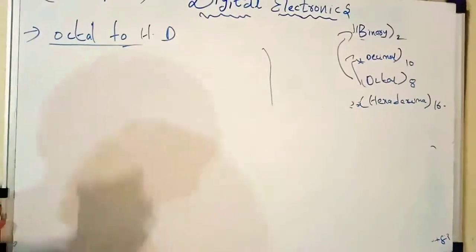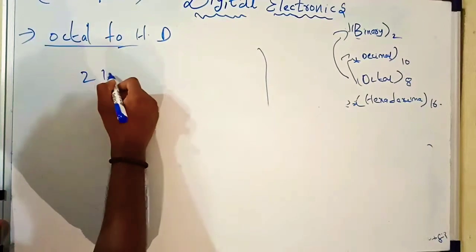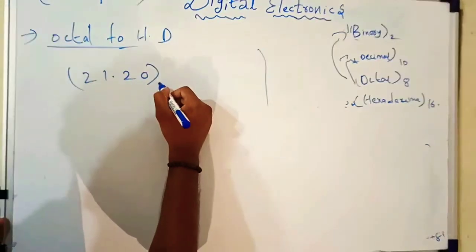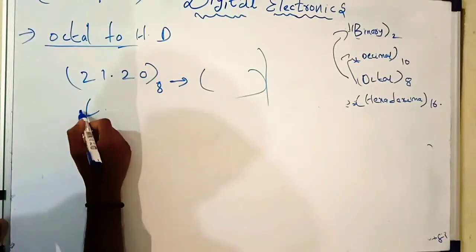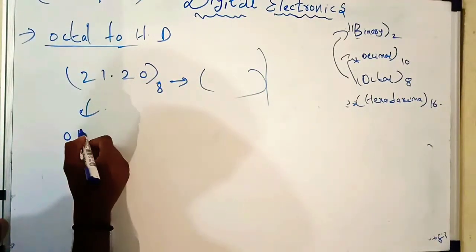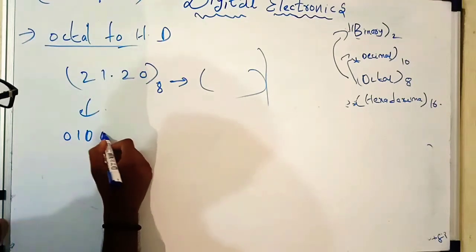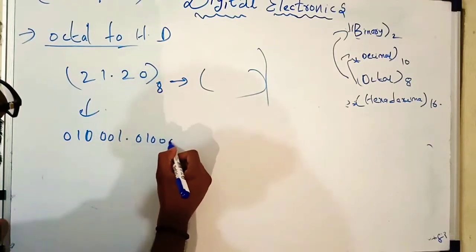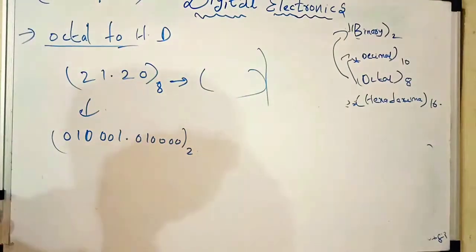Now we'll see the fractional values for octal to hexadecimal. Take 21.20 in octal to hexadecimal. Convert this to binary. For 2 it is 0 1 0. For 1 it is 0 0 1. 2 means 0 1 0. 0 means 0 0 0. This is in terms of binary.